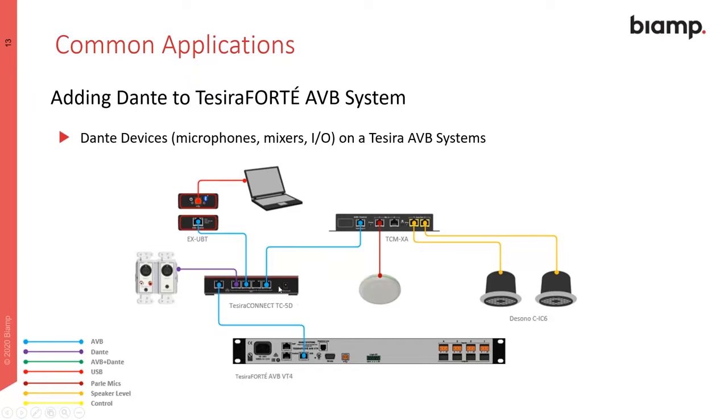So all you have to do is change the module to the TC5D. Then you will have Dante connectivity in your system, and like the Tesira 40 DAN, you will get 32 by 32 channels. So we support a maximum of up to 32 by 32 channels in the TC5D. This is a good example of using the TC5D.